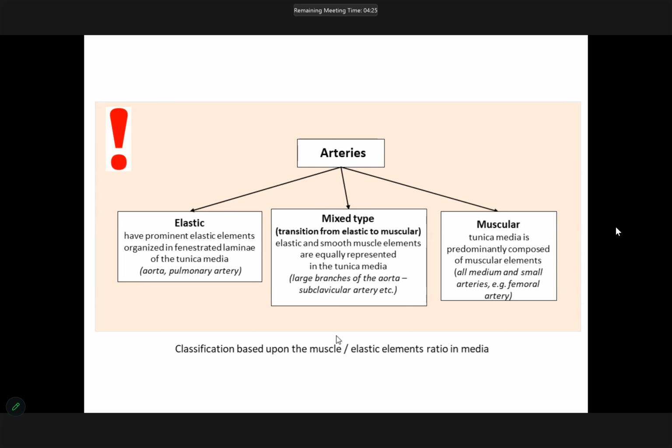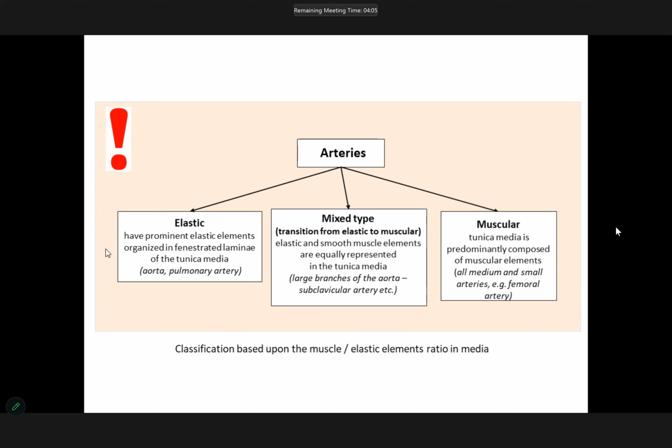If the muscle cells prevail in volume, then this artery will be called muscular. Tunica media is predominantly composed of muscular elements. If the elastic elements prevail, it will be called elastic.